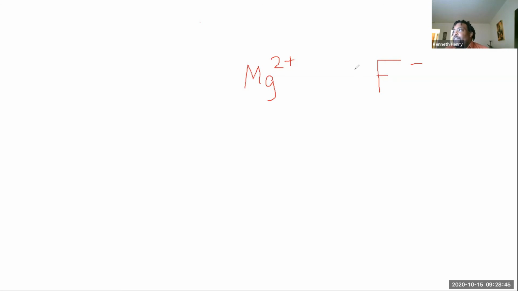So how many fluorides will I need to balance out magnesium? 2. So then I would write my chemical compound as MgF2, and we put 2 as our subscript to let me know that we have 2 fluorides to balance out that 1 magnesium, it's understood to be a 1.